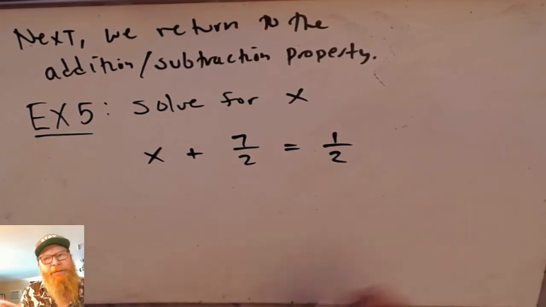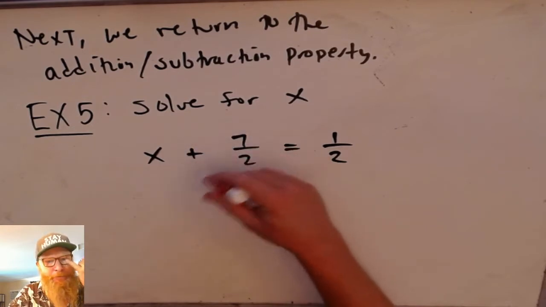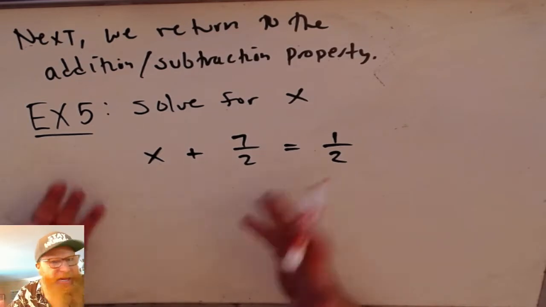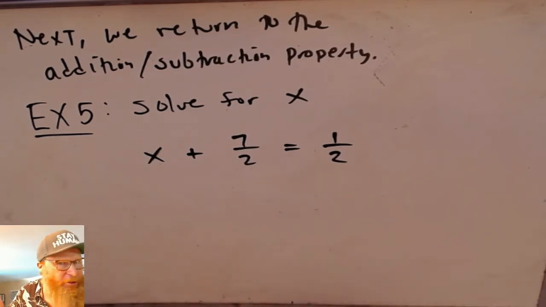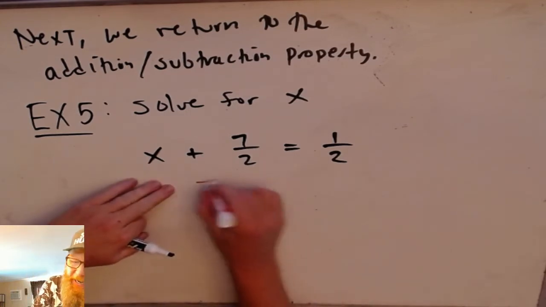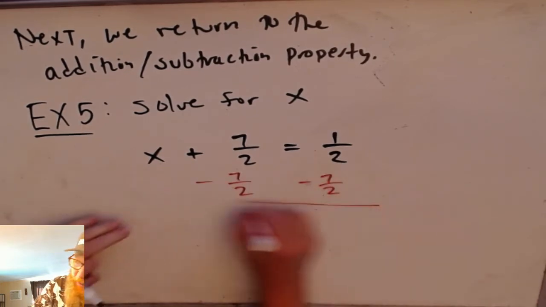It's the same property. You look for the addition or subtraction term. We call that an addend, a fancy way of saying the thing that is being added or subtracted. Turns out that subtraction, if you remember, is the same as addition. And we add the opposite, not the reciprocal, with this property.